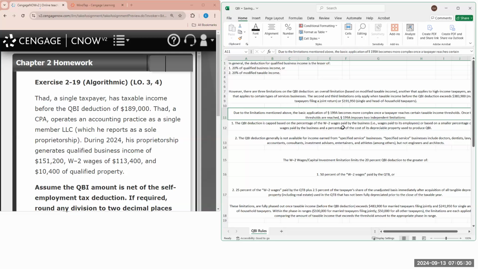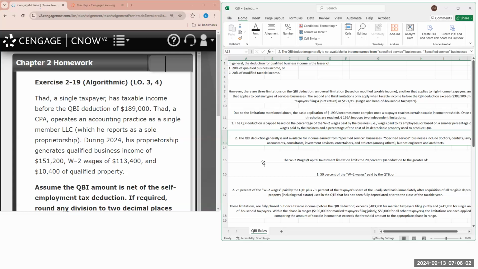Once the thresholds are met, the QBI deduction is capped based on a percentage of the W-2 wages paid by the business, or based on the smaller percentage of wages paid by the business and a percentage of the cost of its depreciable property. The QBI deduction generally is not available for income earned from specified service businesses. This includes doctors, dentists, lawyers, accountants, consultants, etc.